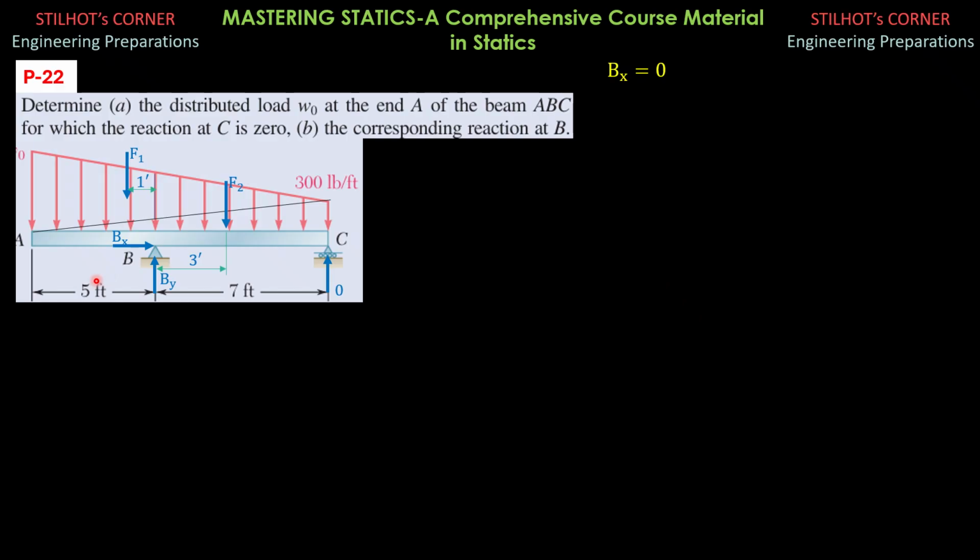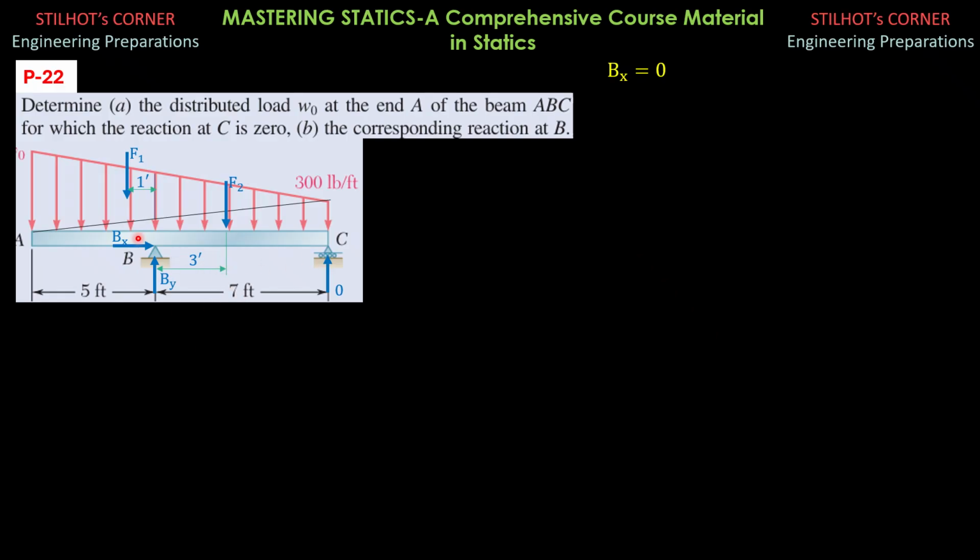But because this is 5 feet, it means F1 is 1 foot from B. Then F2 is 1/3 of 12 from C, from the right. So that is 4 feet also. And because this is 7 feet, the distance between supports, then this distance is 7 minus 4, so 3 feet.